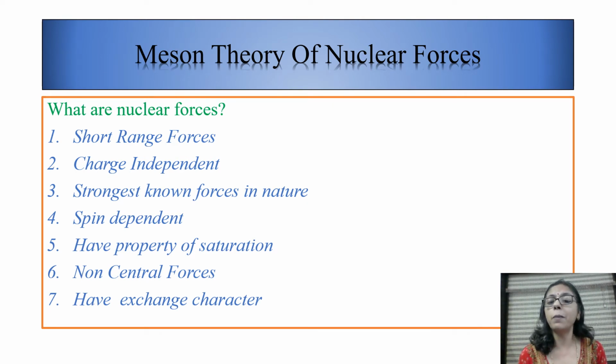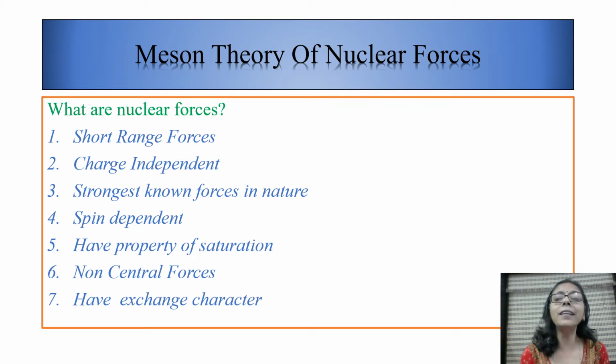One of those experimental facts is about the mirror nuclei. What are mirror nuclei? These mirror nuclei are those nuclei in which the number of nucleons remains the same, but the number of protons and neutrons are interchanged.